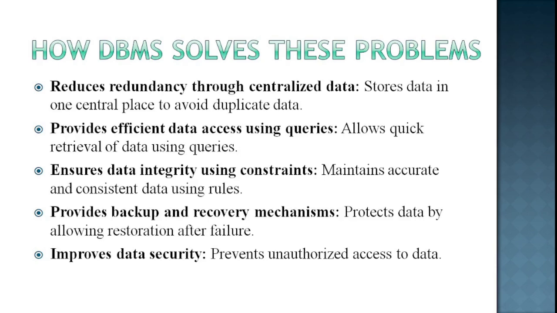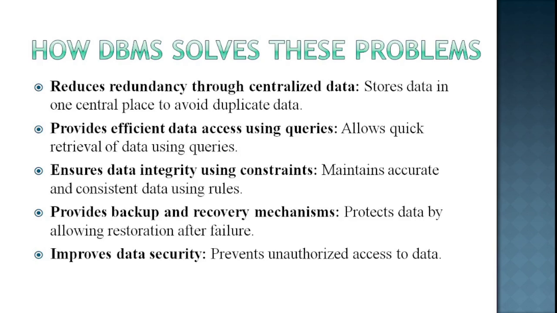Ensures data integrity using constraints. Maintains accurate and consistent data using rules. We already saw that a database management system provides data consistency, meaning uniform rules for all the data in a database. Provides backup and recovery mechanisms.